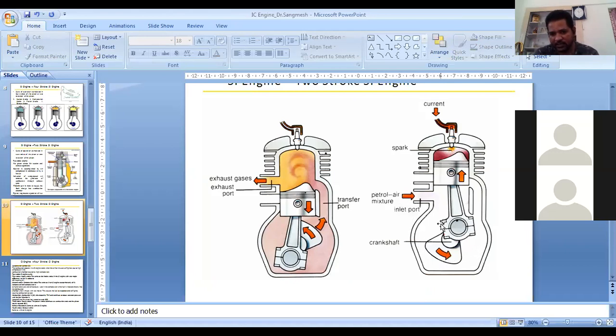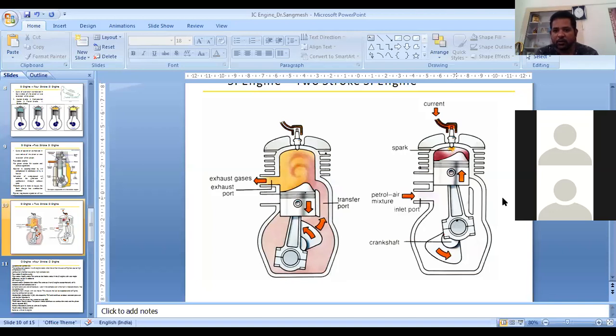As you can see here, when the piston starts moving, a lot of vacuum is created, and due to this vacuum the fuel and air mixture is drawn into the crankcase. The fuel that was there previously will start flowing to the cylinder as it covers the intake port.